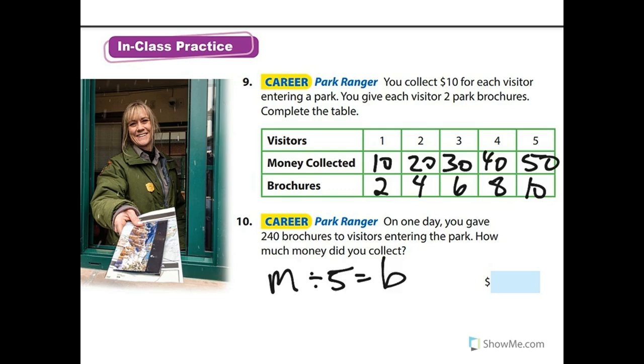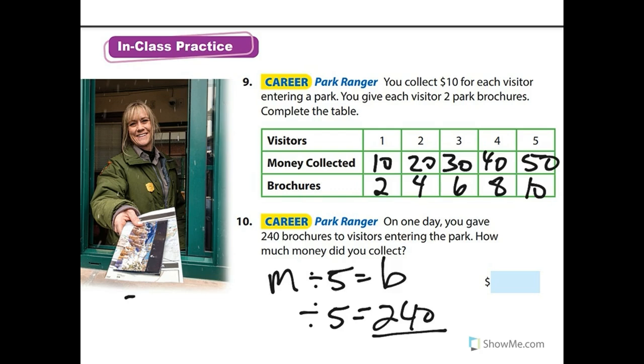Alright, so one day you gave 240 brochures to visitors entering a park. So M divided by 5 equals 240. How much money did you collect? Well, look. The brochures would be multiplied by 5.